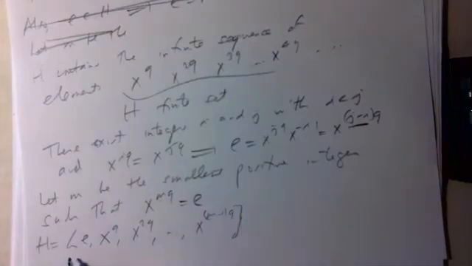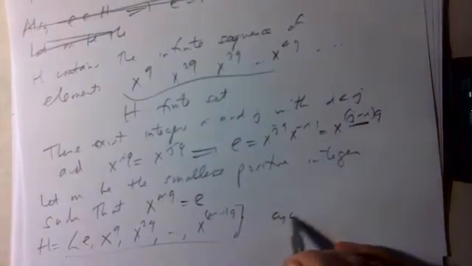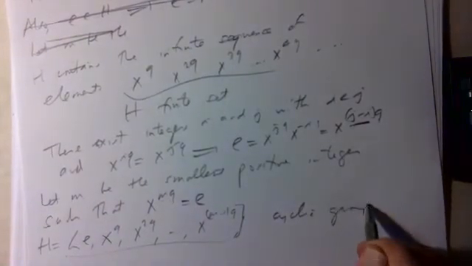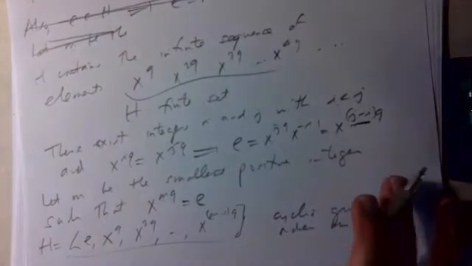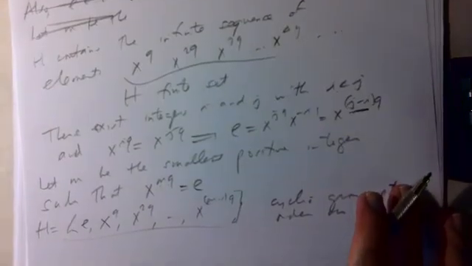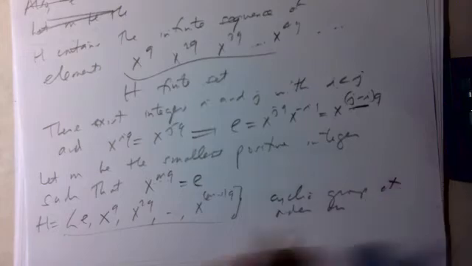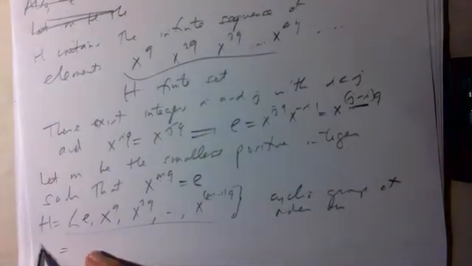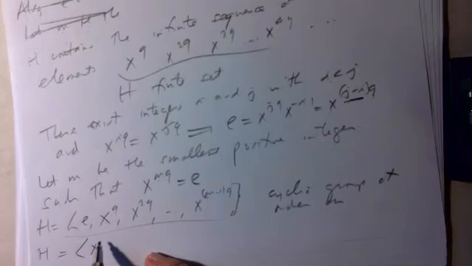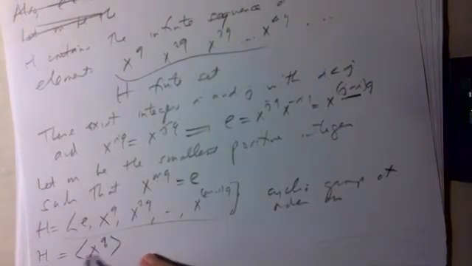So H is just this set. This is a cyclic group itself of order m, generated by x to the q. I'll use these brackets to mean just the powers of x to the q.